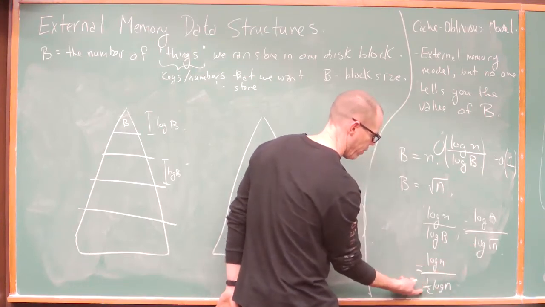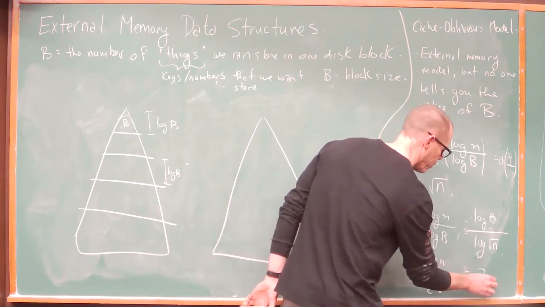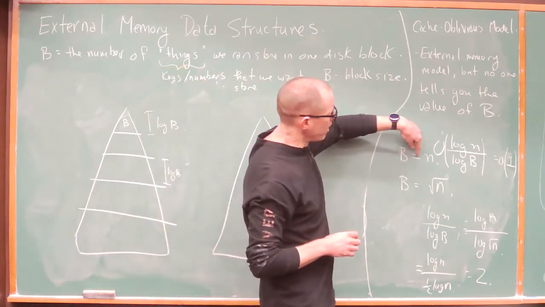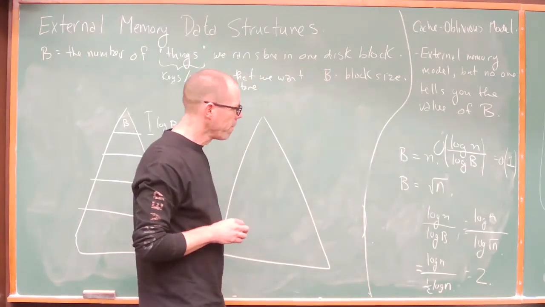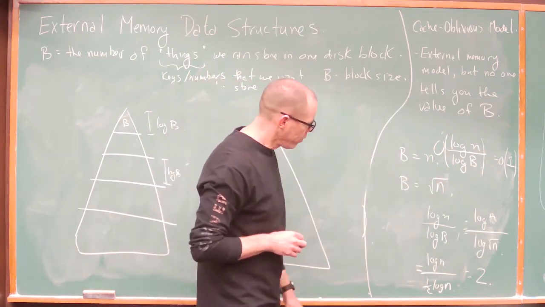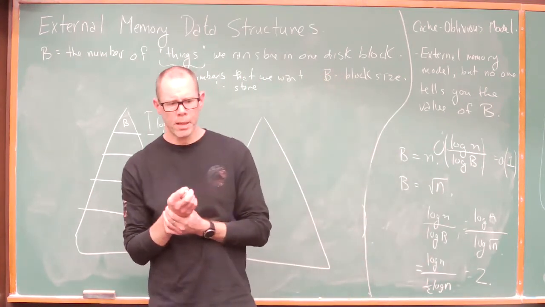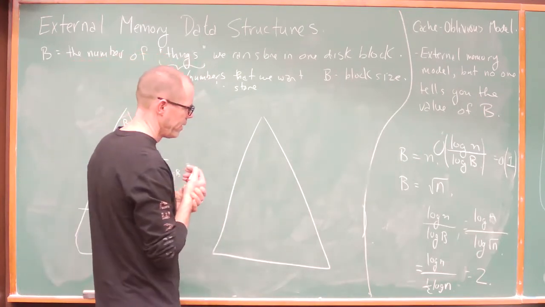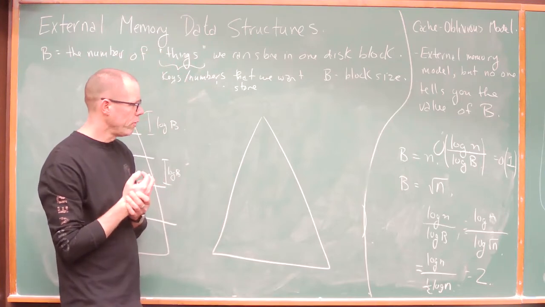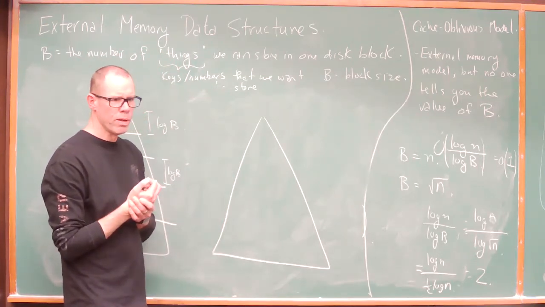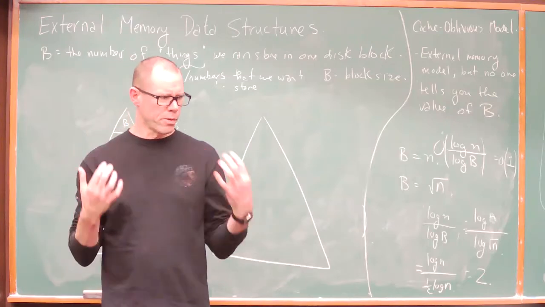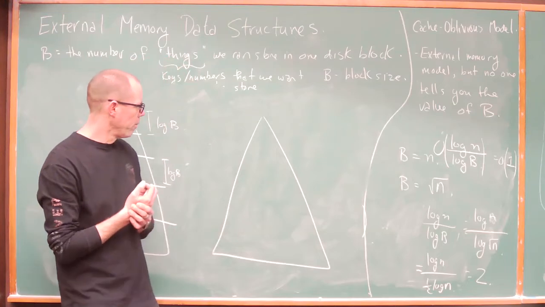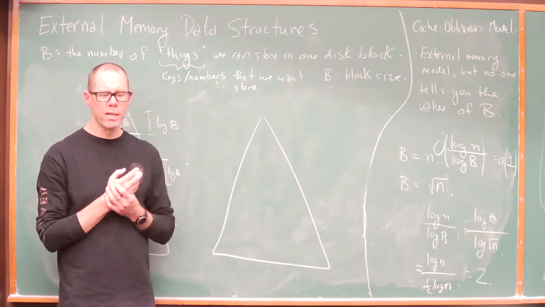The log n's cancel out, the 1/2 inverts, so that's 2. So if B equals n, we should somehow be able to do it in 1 IO. Yeah, that seems feasible. And if B is equal to square root n, we should be able to do it with 2 IOs. Does that seem feasible? If you knew B was the square root of n, can you give me a data structure where I can retrieve square root n elements in one disk access, and that works in 2 disk accesses?